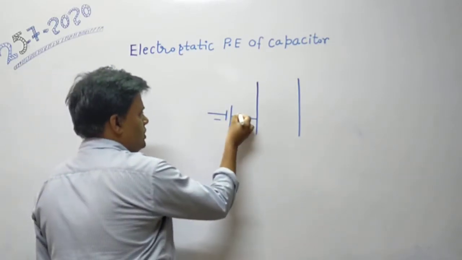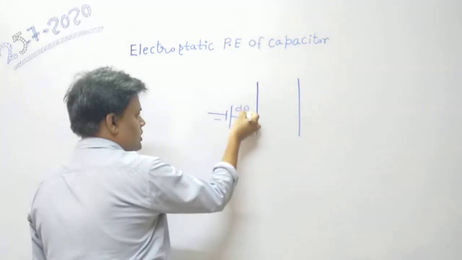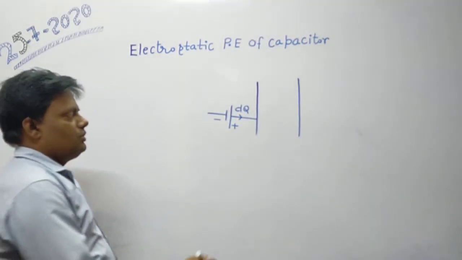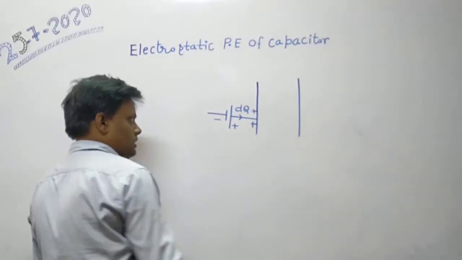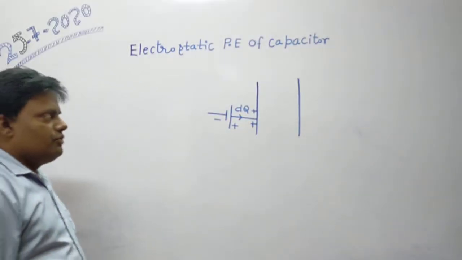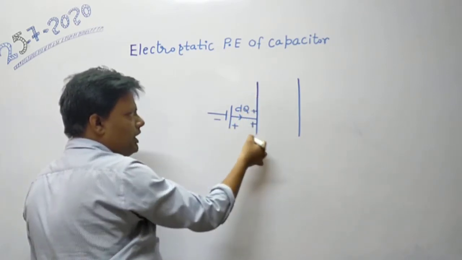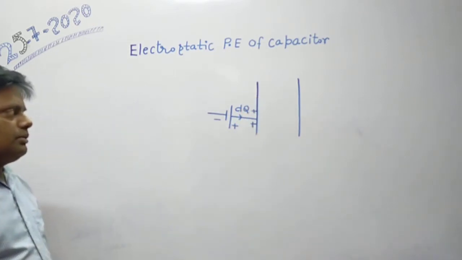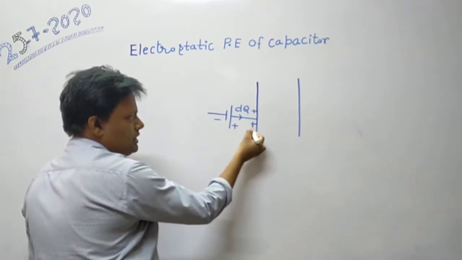First of all you have to supply a very small charge, say dq. Now this positive charge is on this plate. Further, you have to transfer this charge onto this complete plate. Now this positive charge will repel this positive charge.